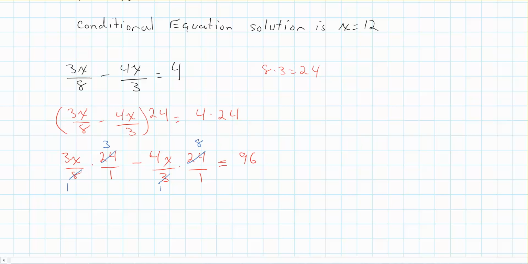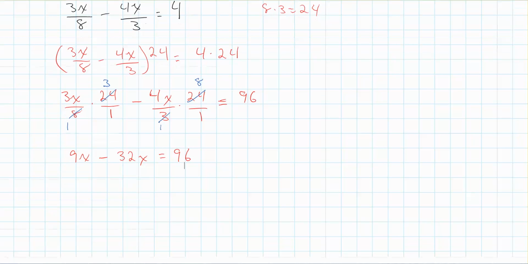And so we'd wind up with 3x times 3, which is 9x, minus 4x times 8, which is 32x, and this is equal to 96. Okay, well then we do 9 minus 32, which is negative 23, so negative 23x equals 96.